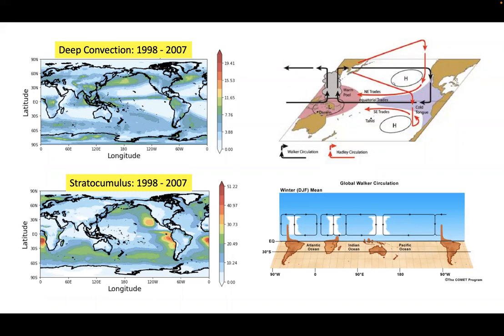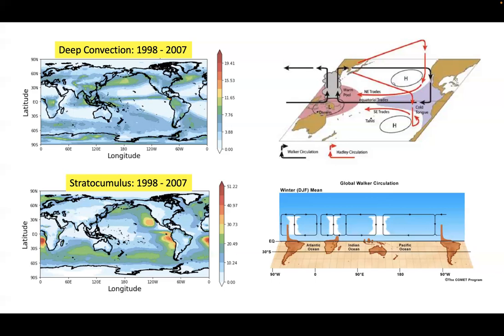You might have learned this from other classes, called the Walker circulation, an east-west cell. So air rises over Indonesia, the warmest area, and sinks in the eastern part of the Pacific. And then air rises over Africa, rises over the Amazon, and sinks in between, right? So you can connect this to the distribution of deep convective clouds. There are local maxima here, here, here. So it rises. There is sinking both north-south and east-west that generates this sinking motion.